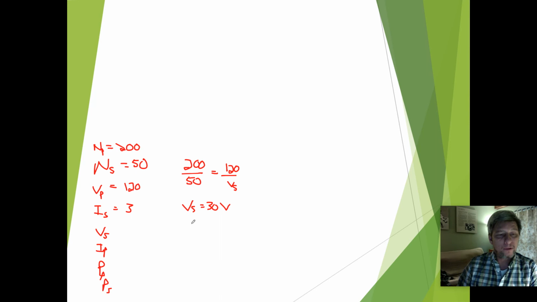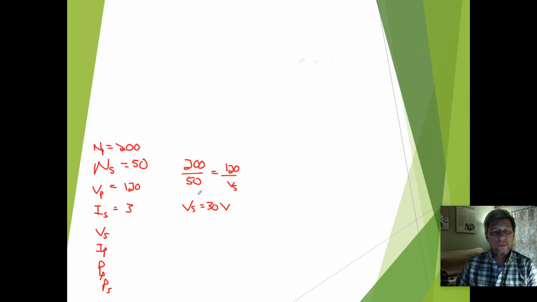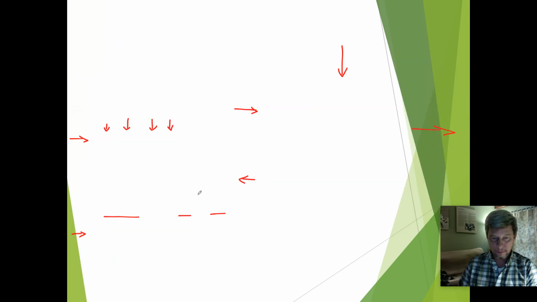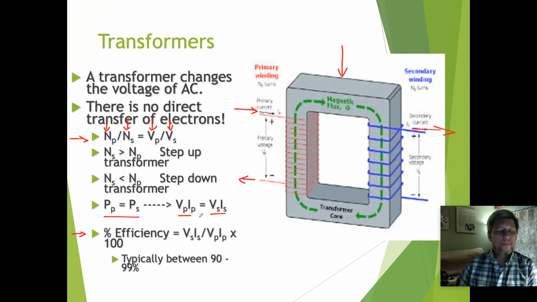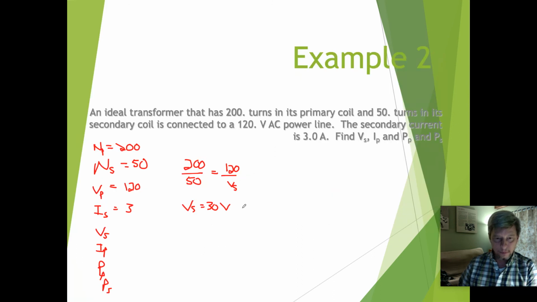Now, how do we calculate the value of IP? Well, in this case, go back to our equations. We know that the voltage times the current equals the voltage times the current, so VP IP equals VS IS.